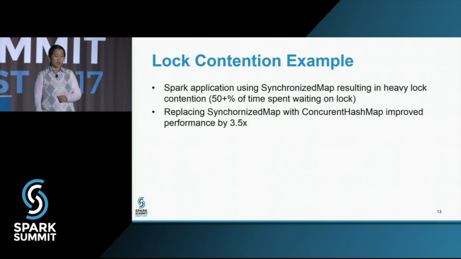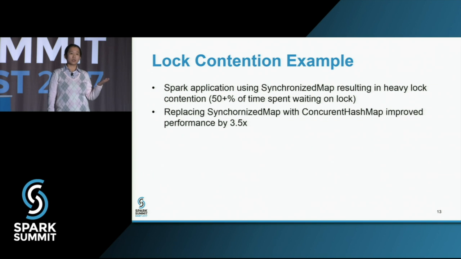Okay. So the first example we want to give is a lock contention example. From the tool, Java Flight Recorder, we found out that Spark uses this synchronized map a lot in many applications. When we use that, especially with a multi-core system, a heavy contention happens, where more than 50% of our CPU cycles are waiting on this single lock.